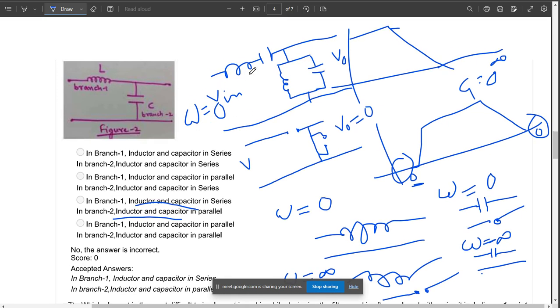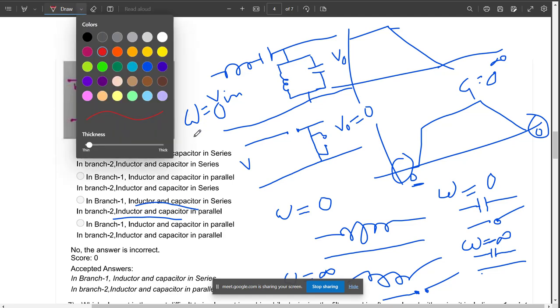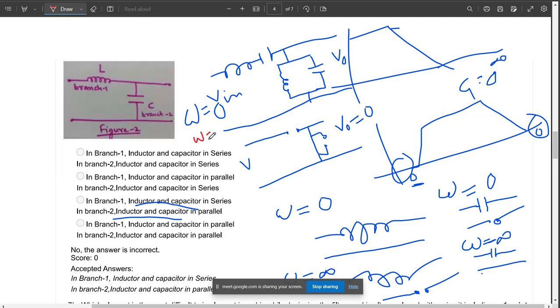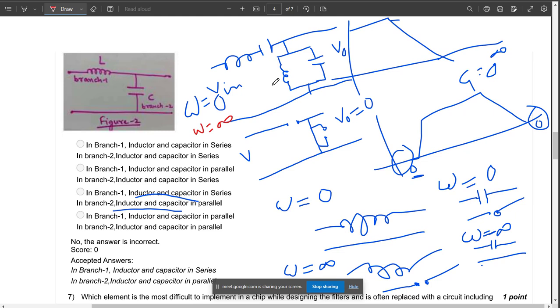Similarly, when omega is equal to infinite, a similar thing is happening. Now the capacitor is short circuited but the inductor is open circuit, and here also the inductor is open circuit and the capacitor is short circuit.